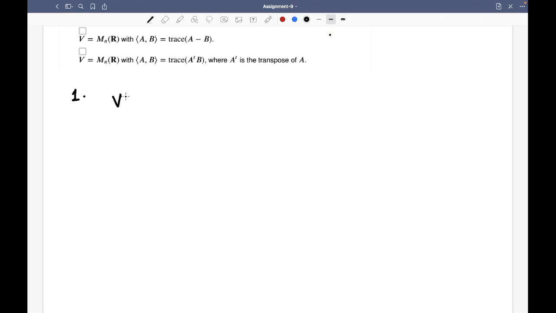The vector space V is the complex numbers C, the field is R, and the inner product is defined as Z comma W equals the real part of Z W bar.